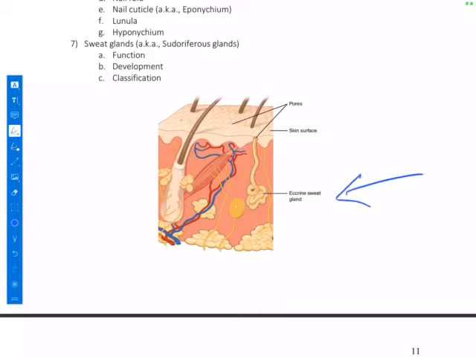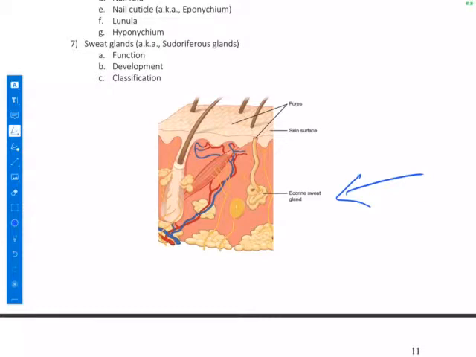And it's called eccrine again because it secretes its substance in a certain way.